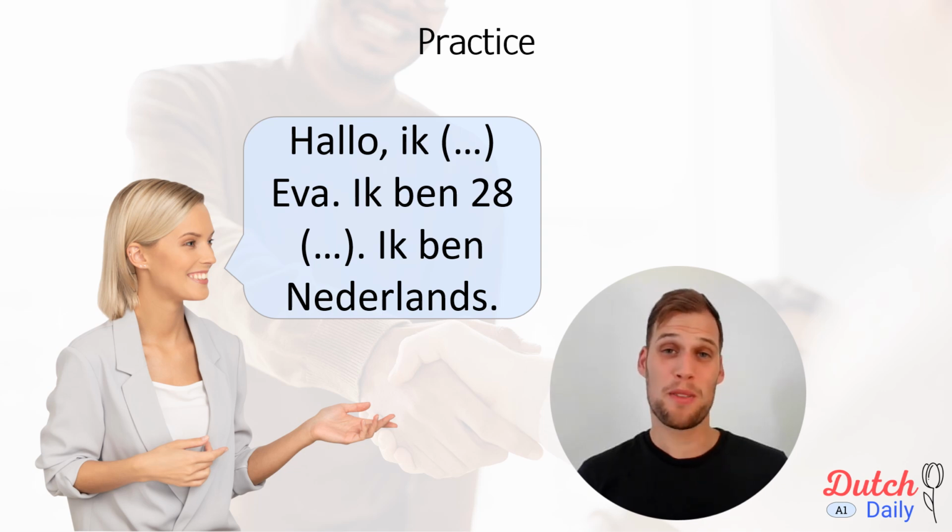If you've listened carefully to my response to her question, you should be able to figure this out. Let's start with the first one. Ik, ... Eva. She's introducing herself using her name. And as we've learned, you use ben. So, ik ben Eva. And the second, ik ben 28. That's a number.